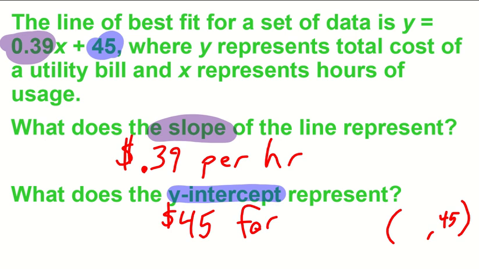Anytime you have a y-intercept, your x value is 0. So what that means is it's $45 for 0 hours, or you see the words initial or starting amount. That would also show up in there, okay? So if it's asking you about what the y-intercept represents, you're talking about the amount for 0 of whatever the x value is, or an initial or starting amount, okay?